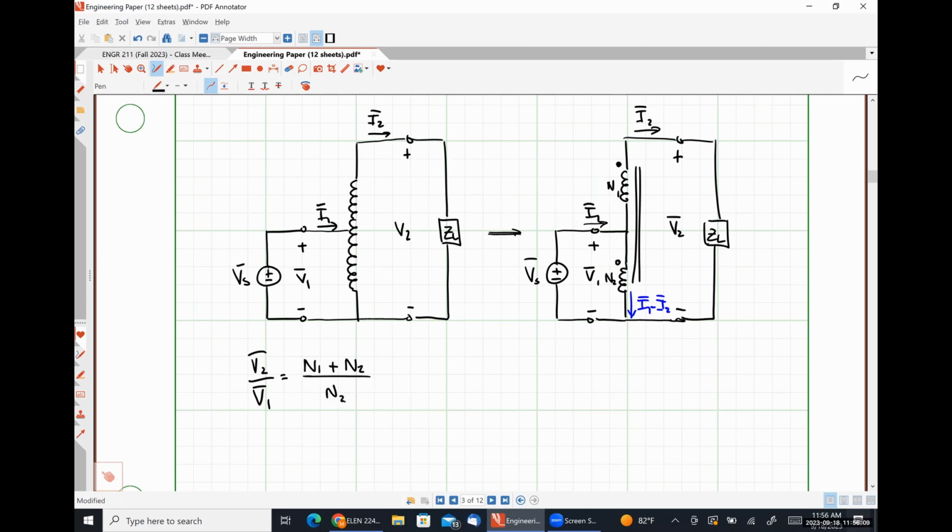Or a slightly better way to put that would be the total number of turns seen by the secondary voltage divided by the total number of turns seen by the primary voltage. Okay. What should the ratio of current be? The inverse of the ratio of the voltages.